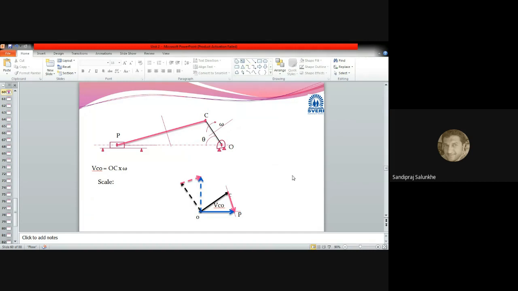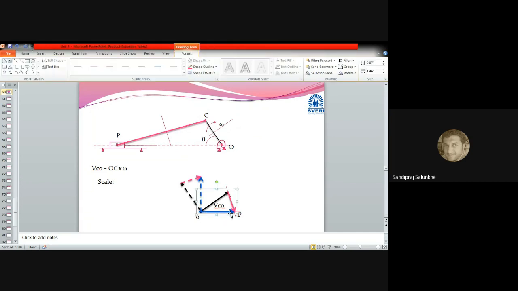Any doubt? Just I have rotated it by 90 degrees. The directions of these velocity vectors are rotated anti-clockwise by 90 degrees. That we have to keep in mind.